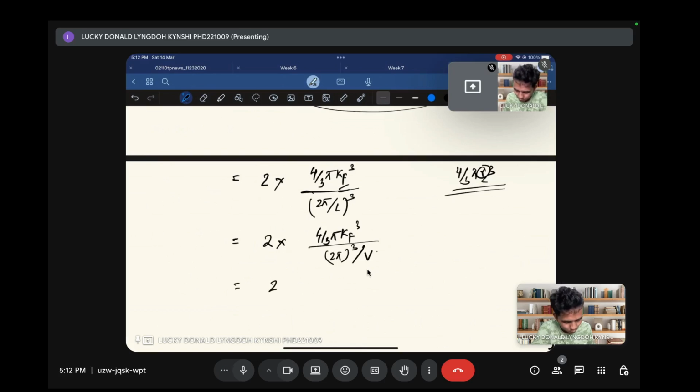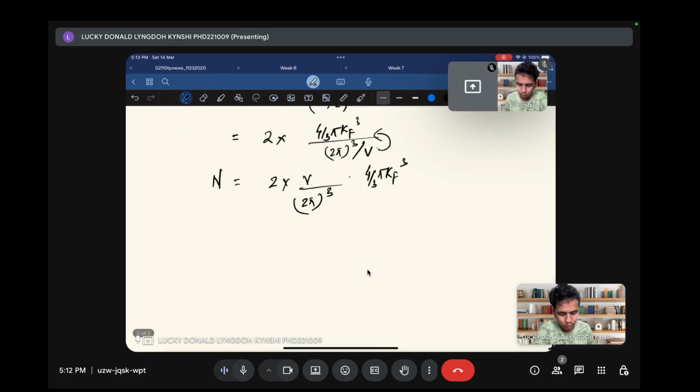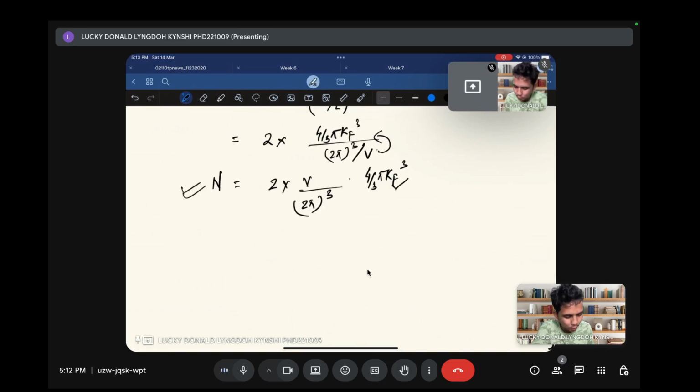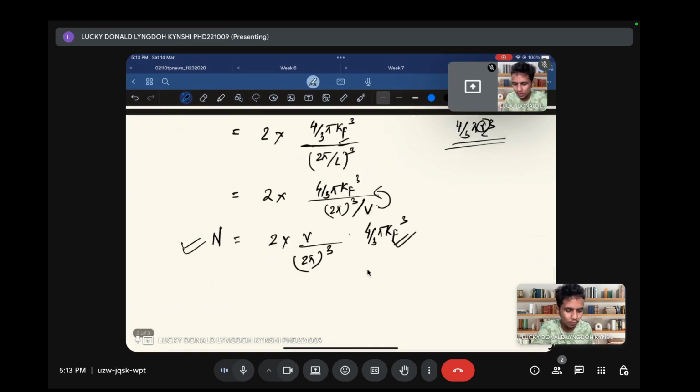You can take V out, and we get V divided by 2 pi whole cubed into 4 by 3 pi kf cubed. So you see how the number of particles is now related to your wave vector. This is the relation. If you want to find it, first find the density of states, because from the density of states you will always know the number of particles that can be filled in those states. Since you are representing it in k space, automatically you have the Fermi sphere.